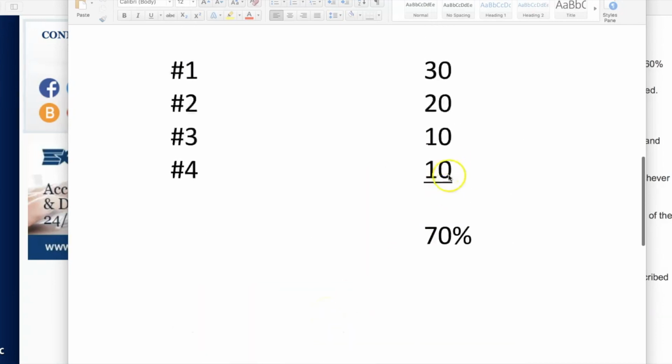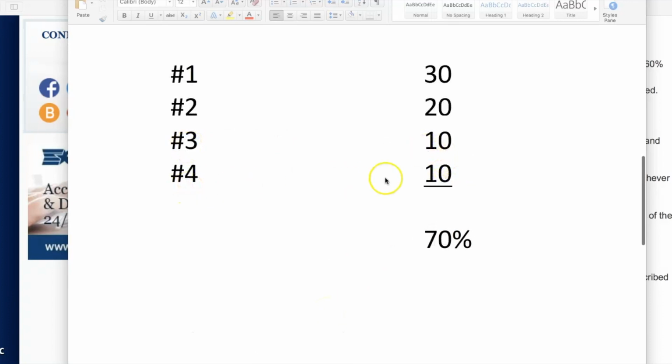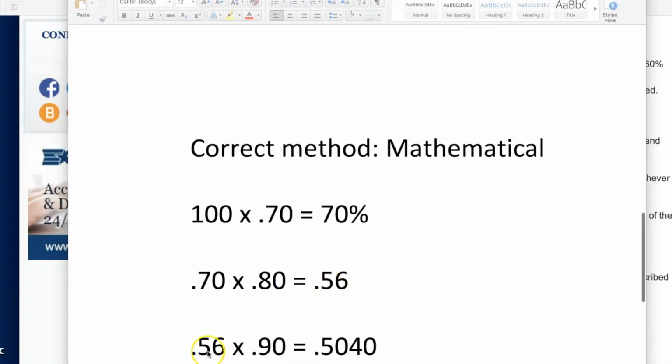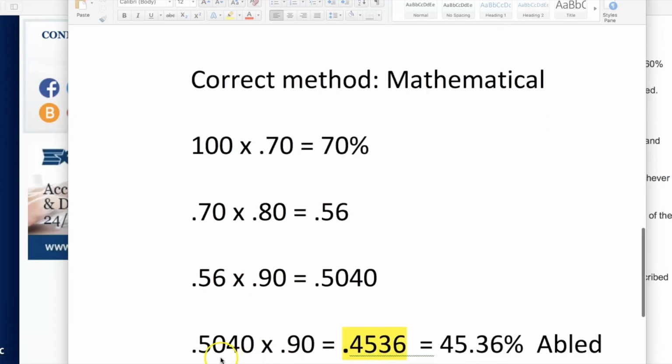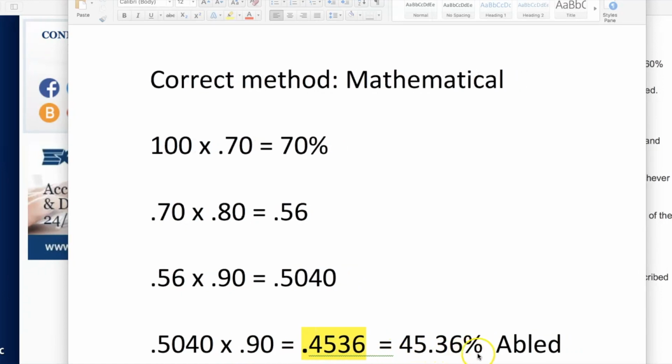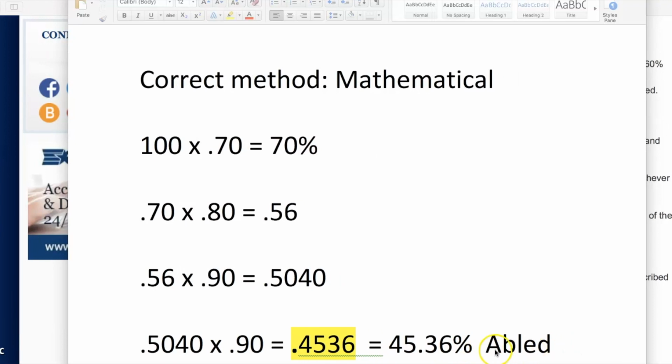Now we got the two 10s. Remember, number 3 is a 10 and number 4 is also a 10. So the 0.56 times 0.90 equals 0.5040. And now we take that 0.5040 times 90% again, equals 0.4536, which is 45.36% abled. Abled. I don't even know if that's a real word, but abled.